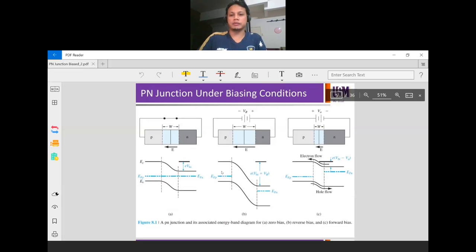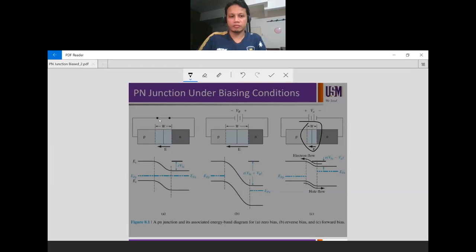Okay, I forgot something. If you look at the forward bias condition, do you notice what happens to the depletion region width in comparison to this? Smaller, right? Yeah, smaller. I forgot to mention that. If you look at the polarity connection just now, it's positive connected to positive. If we want to explain in terms of charge, repel and attract: positive and positive, what happens?